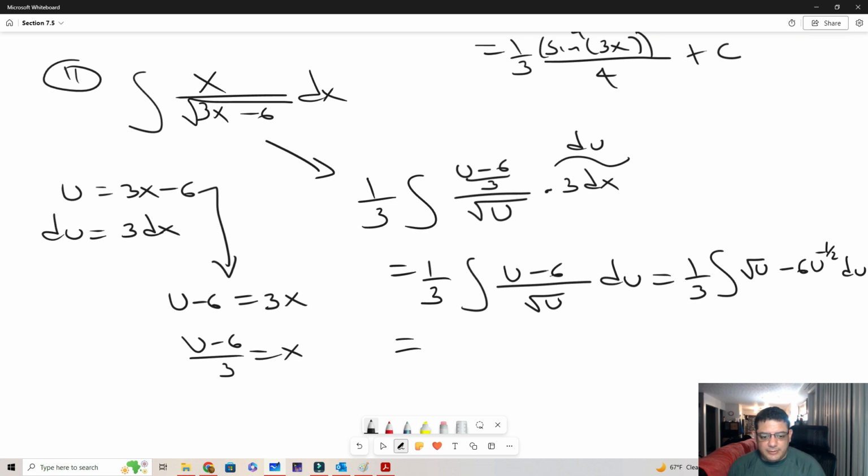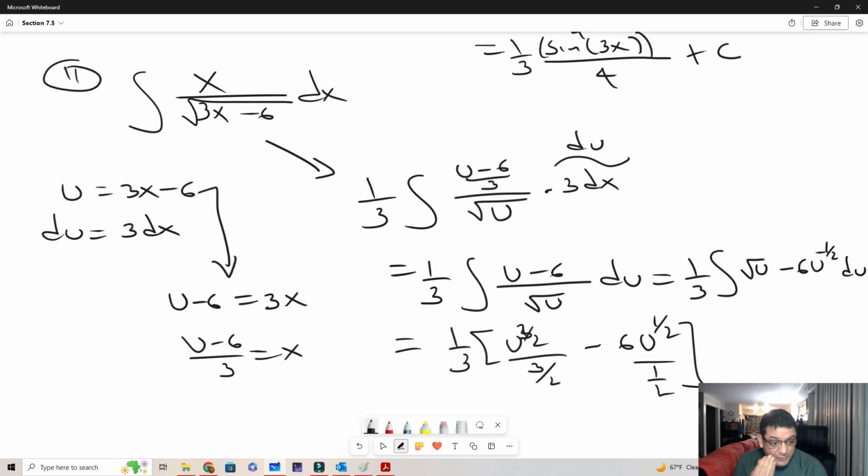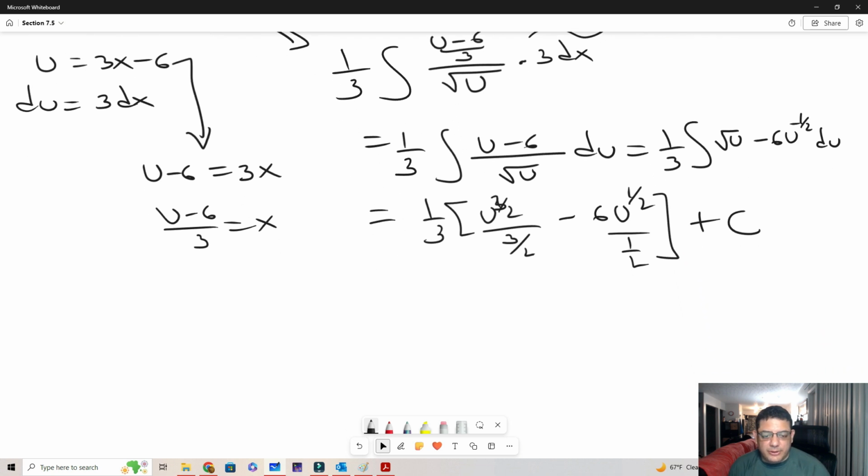So integrating, this is just going to be 1/3 times u to the 1/2 plus 1, so 3/2 over 3/2. And this is minus 6 u to the minus 1/2 plus 1, so 1/2 over 1/2, plus c. And then of course I have to go back to the original variable and just flip this around.